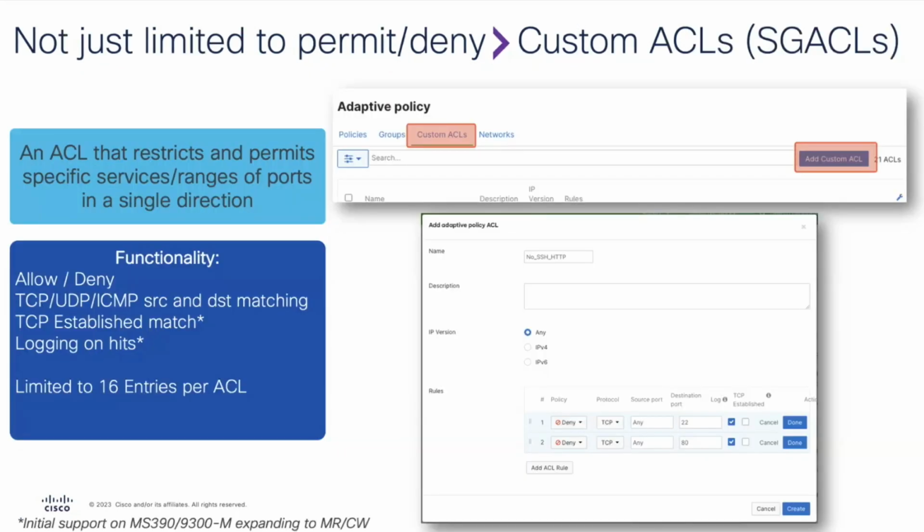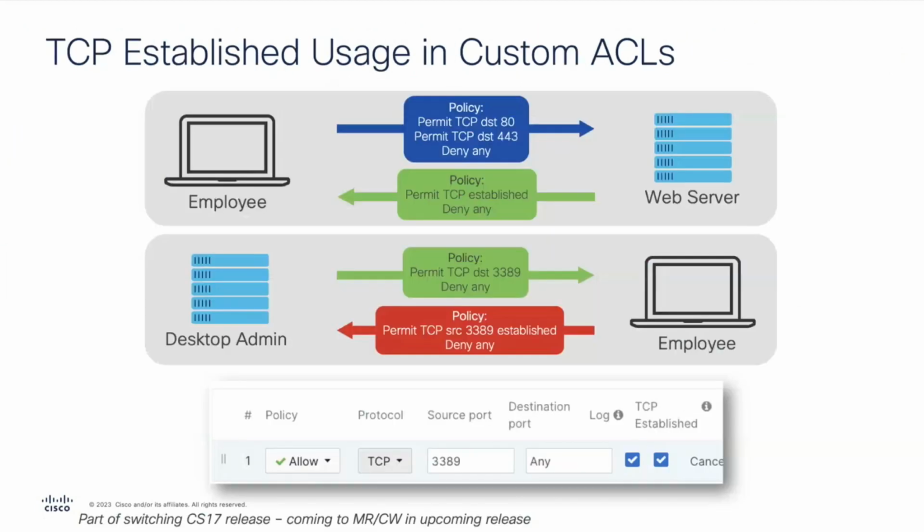And within that, we also have a couple of things that we are adding in. I mentioned that we have that logging that's getting added. There's also TCP established matching. That one's kind of fun because what it does is allow us to have policy built in one direction and then just match TCP established on the way back. So instead of having to define a mirrored policy in ingress and egress, it makes it a little bit quicker.